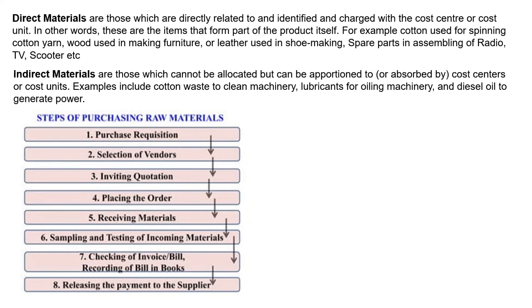If you take examples for direct materials: cotton is used for your clothing business, wood is used for furniture, leather is used for shoemaking, and spare parts are used for assembling radios, TVs, scooters, etc. And indirect materials, for example: lubricant for oiling machinery, diesel or any other oils for the generator, cotton waste for cleaning the machineries and all.